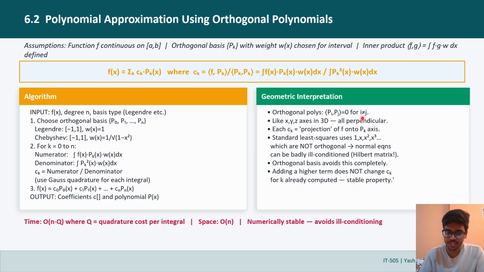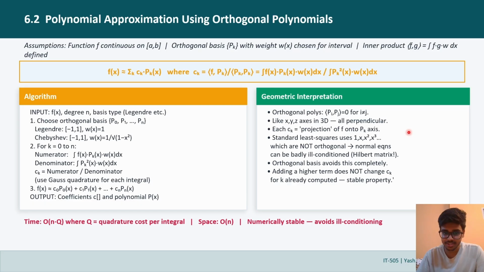Geometrical interpretation. Think of functions as vectors in an infinite dimensional space. Orthogonal polynomials p0, p1, p2 and so on are like the xyz axes. They are mutually perpendicular in the sense of the inner product. Each coefficient ck is the projection of f onto the kth axis direction.